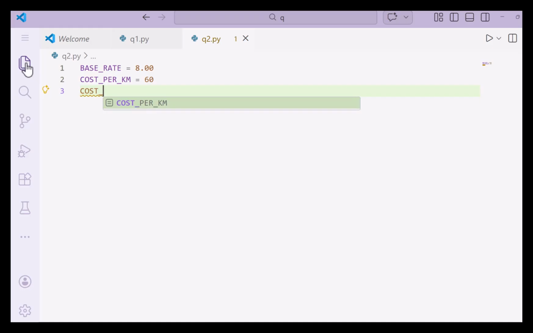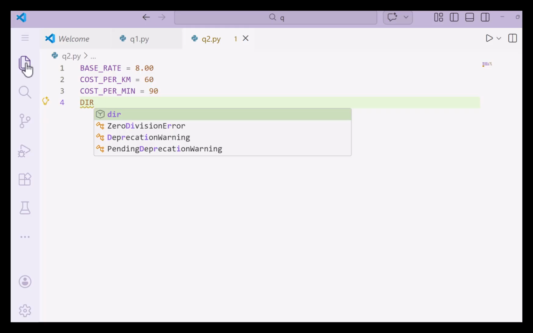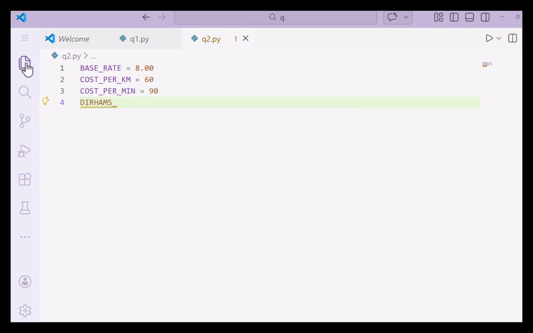Cost per minute is equal to 90 dirhams, and you can say dirhams per Qatar Riyal, which is equal to 100. This is optional, you can do it by just dividing by 100.